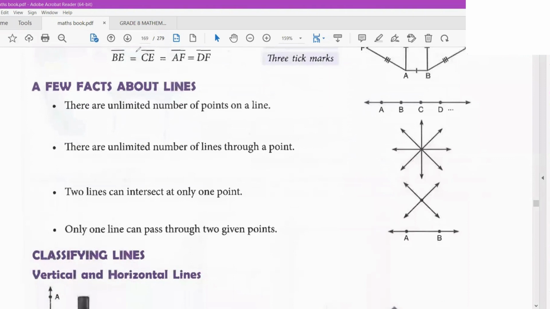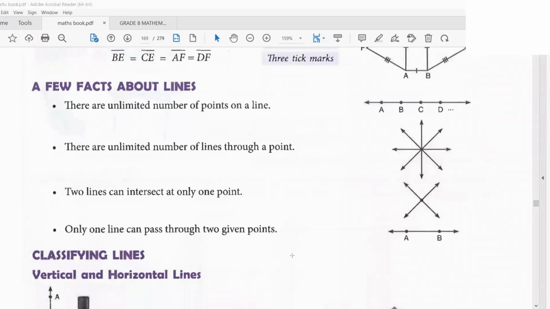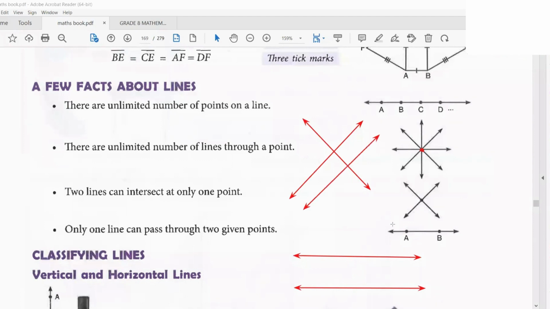Parallel lines also stay at a constant distance from each other. If their distance is not the same, then they will meet. Intersecting lines can intersect only at one point. They cannot intersect at any other point. If two lines are straight, can they have two intersecting points? No. We must have a third line to join them.